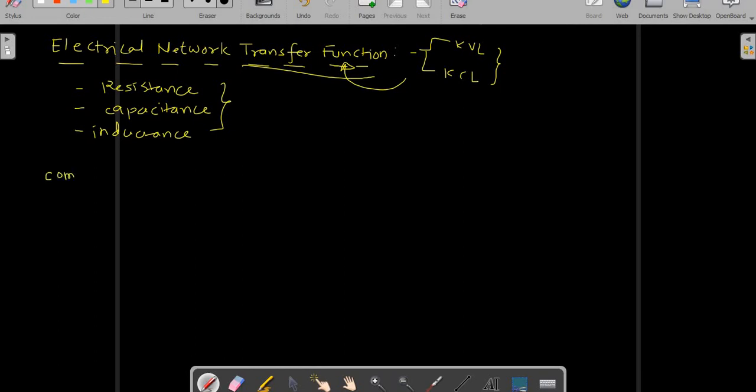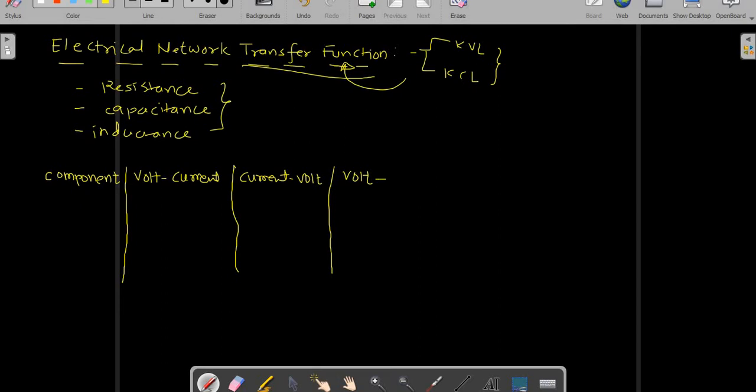So let me write here component, then let me write here voltage current relation, then current voltage relation, then voltage charge relation, then we have impedance, and then we have admittance.